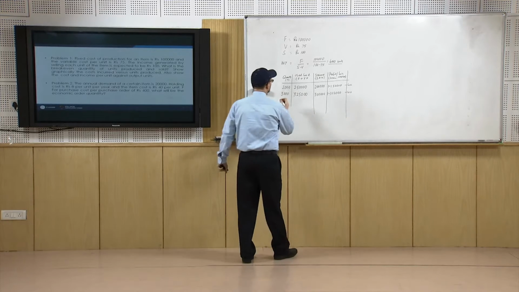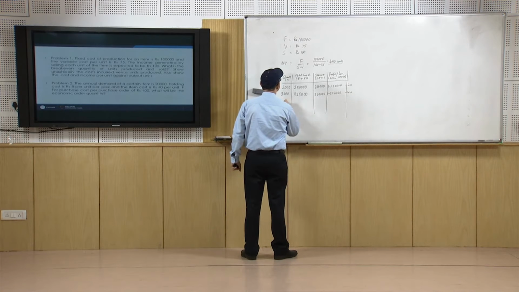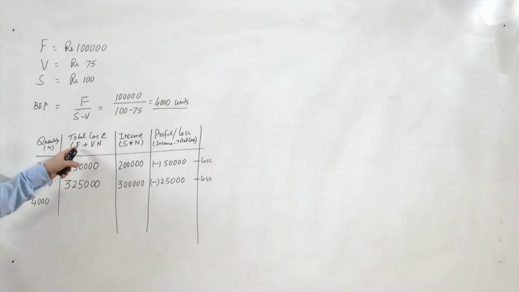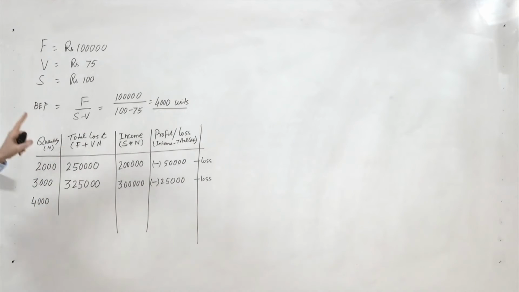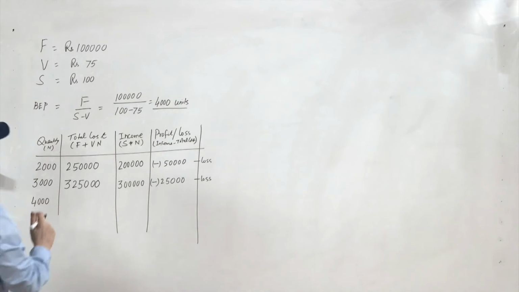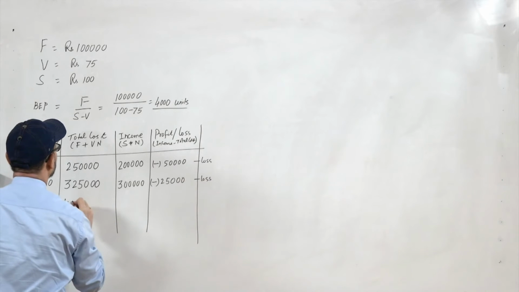If we go to 4,000, total cost will be F plus Vn, 1 lakh plus 75 multiplied by 4,000. So, 1 lakh plus 3 lakh, that is 4 lakhs.